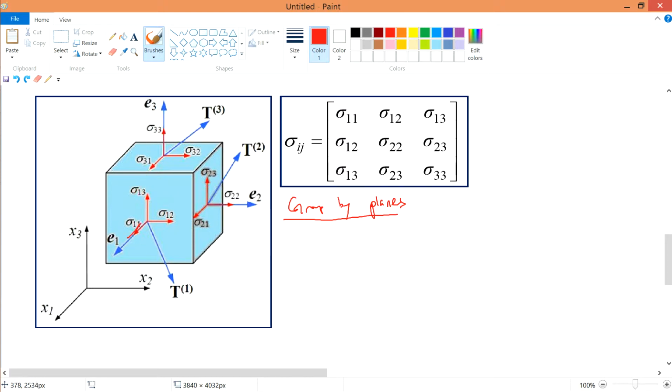Meaning something applied or done here will affect these two vectors. So they're all in equilibrium. In other words, if you input more, the stress will resist more, something like that. I don't know, yeah, this is something of that meaning.